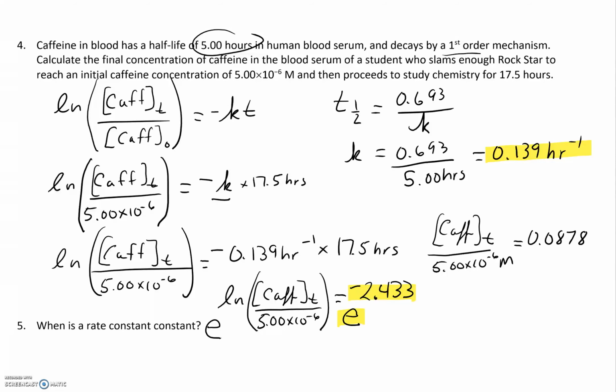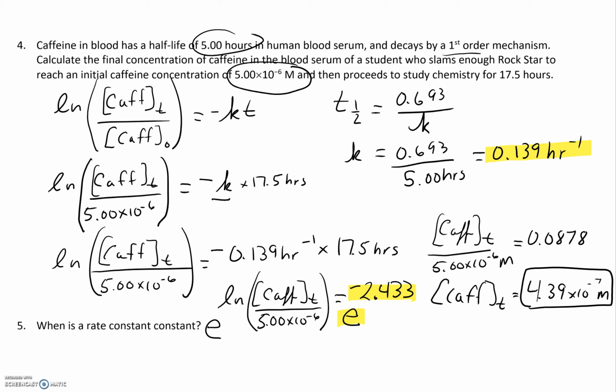And then we can just use arithmetic to solve for the concentration of caffeine at some time, which will be equal to 4.39 times 10 to the minus 7 molar. Notice that this number is less than what we started with, the 5.00 times 10 to the minus 6 molar, which leads us to believe that we might have solved the problem correctly, seeing as how the reactant concentration should go down over time.